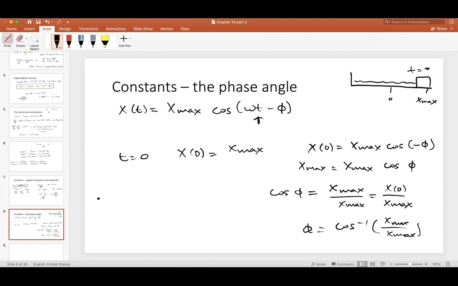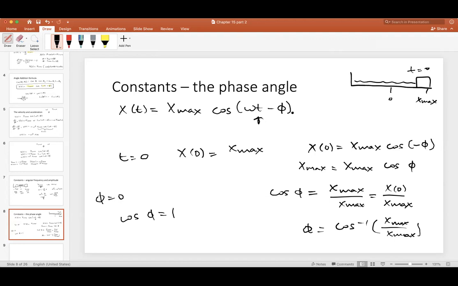So phi has to be 0. When we start at a maximum at time 0, our phase angle doesn't exist.